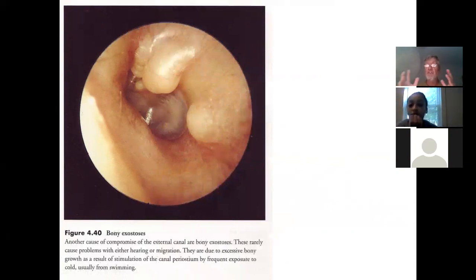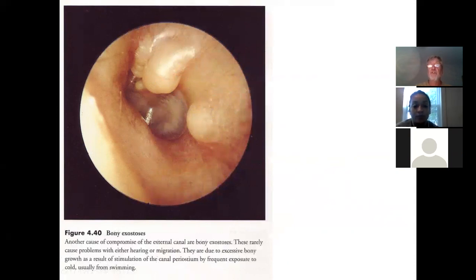Men don't float as well as women do. So oftentimes long-distance swimmers in cold water, women usually can do it, guys can't. At any rate, people who swim a lot in cold water, the body naturally defends the eardrum from it by growing bony growths like this to help protect the eardrum from exposure to cold water.